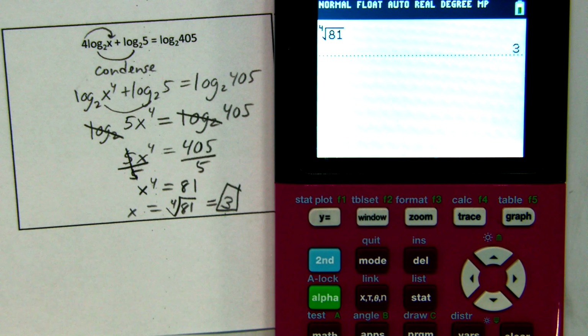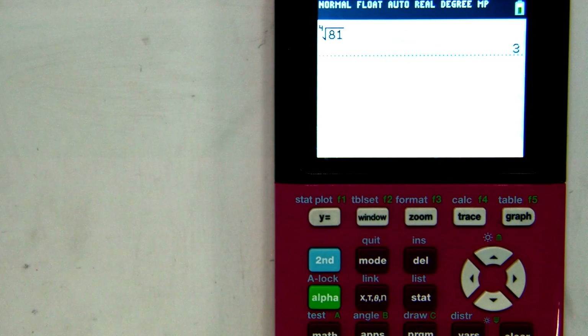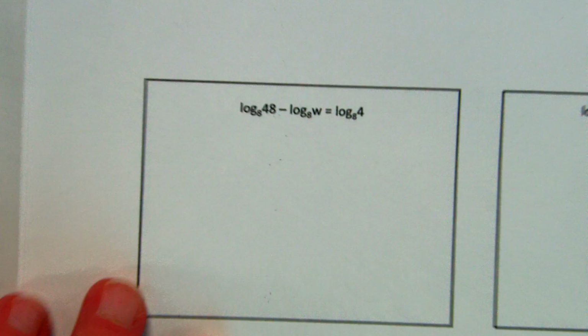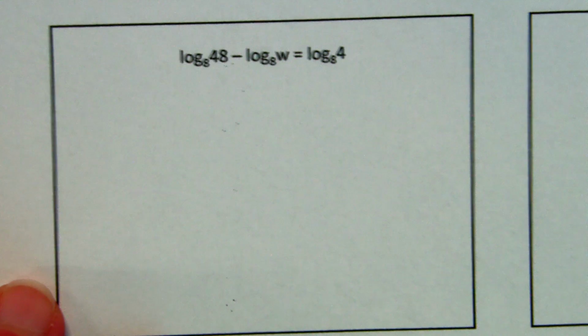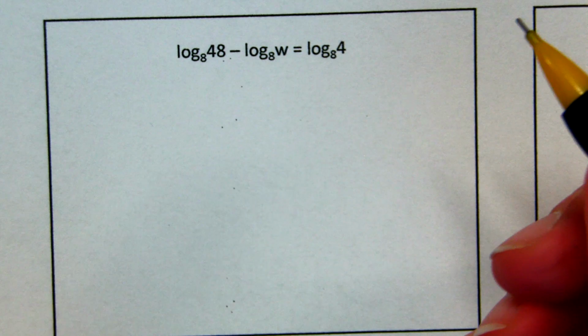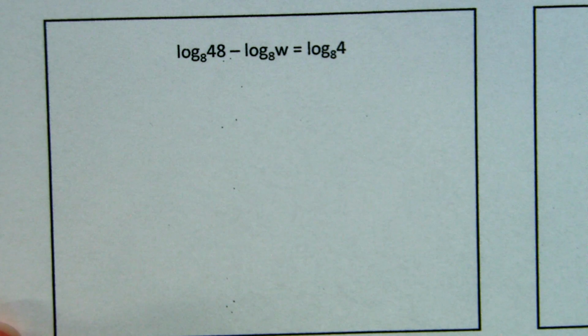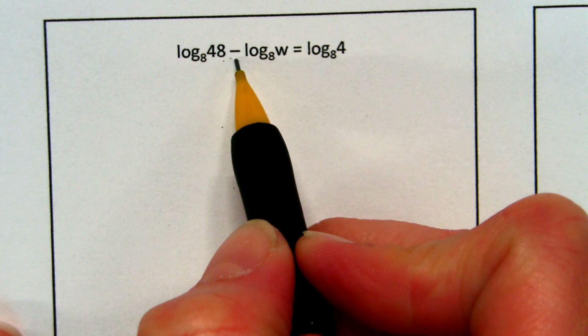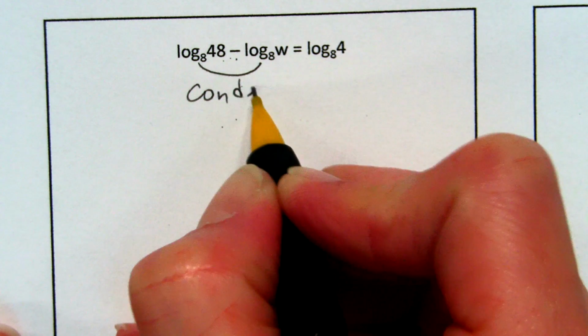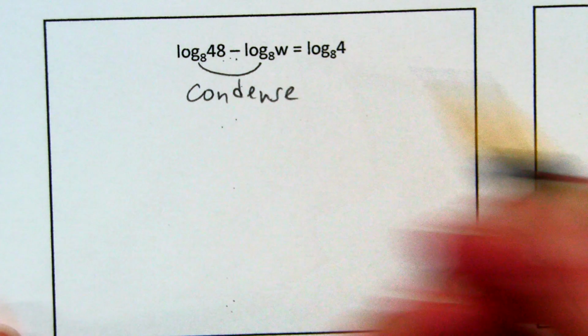Okay, so next page of notes. Let me zoom in. This one looks a little weird because I've got a W in the middle of it. But we're going to use basically the same kind of thing. Notice there's a minus instead of a plus. We're still going to condense this side.